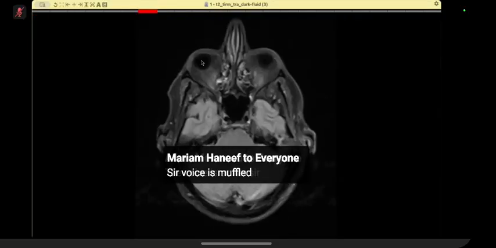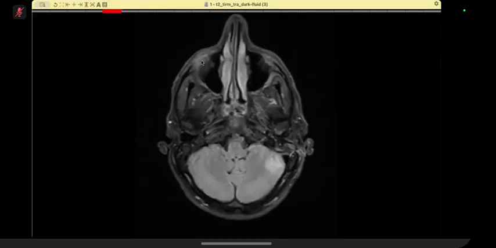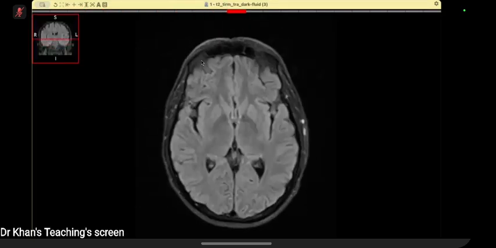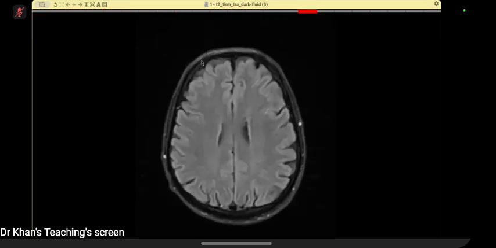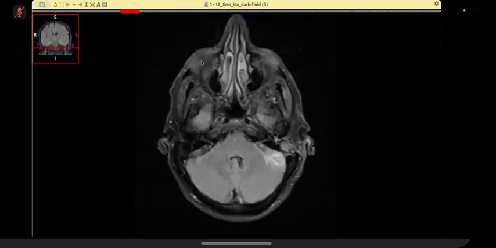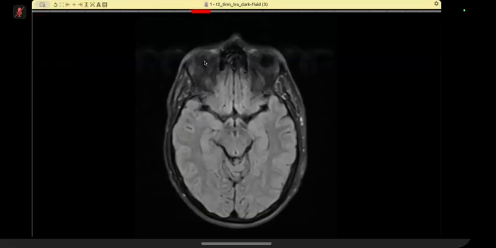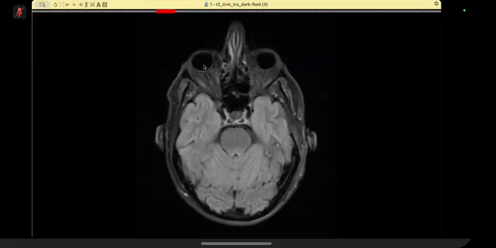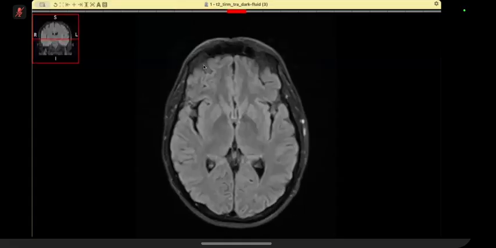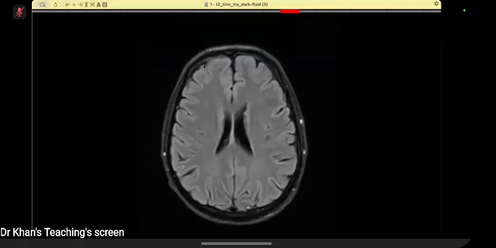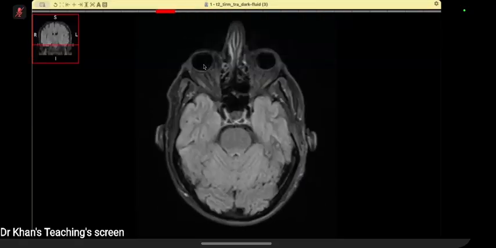These are the sequences of the MR in the same patient, in which there is a hyperintensity seen posterior to the mastoid cells. Sir, this is contrast enhanced. Why do you say that? Because I can see vessels in the scalp and in the temporal fossa.